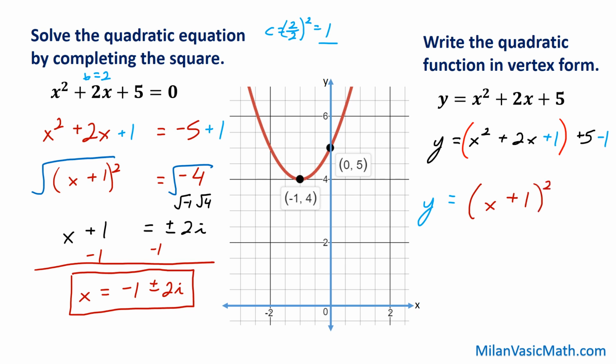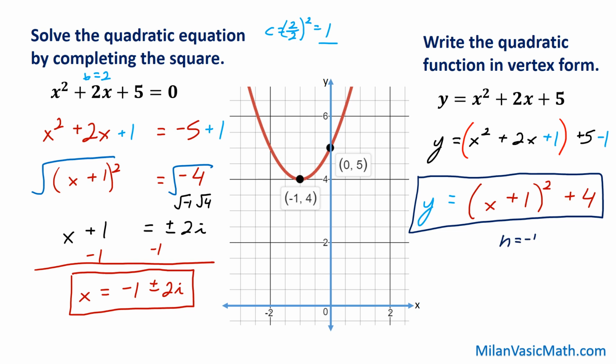And then 5 minus 1 is positive 4. And that's the equation of the function in vertex form. The h value is -1. The k value is 4. So the vertex, as you can see from the graph, is -1, 4.